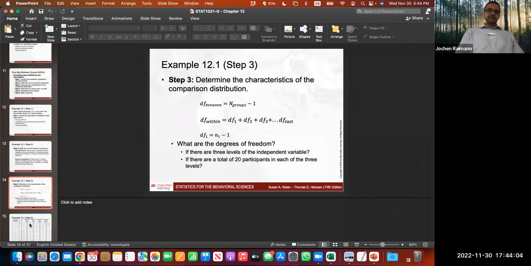So if there are 3 levels of the independent variable, that's 3 groups, minus 1 is 2. If there are a total of 20 participants in each of these 3 levels, you have 60 in total, minus the number of groups, which gives you the degrees of freedom within. It's the same as summing up the individual degrees of freedom.